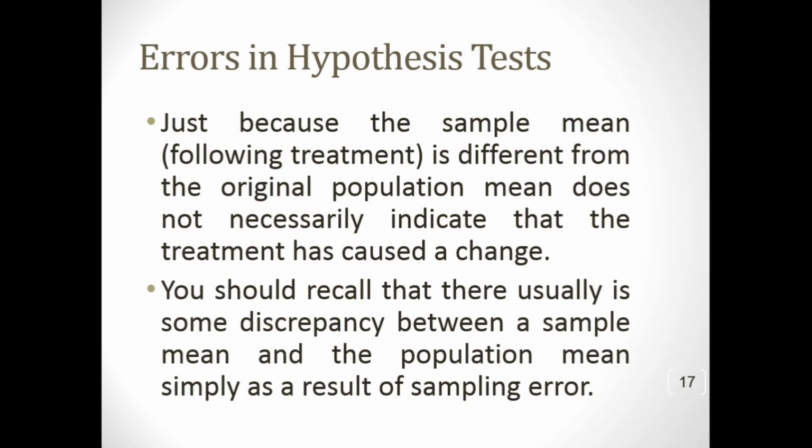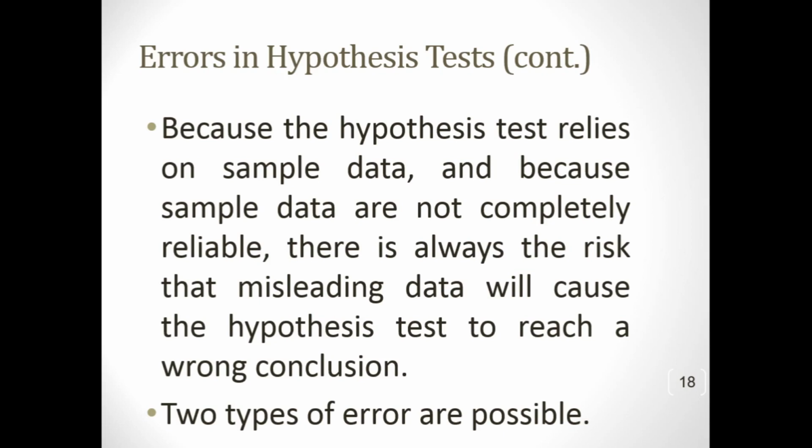Because the hypothesis test relies on sample data, and because sample data are not completely reliable, there's always the risk that misleading data will cause the hypothesis test to reach a wrong conclusion. So two types of error are possible.